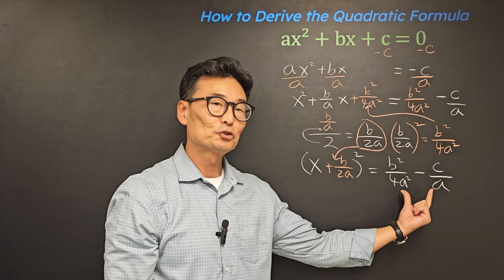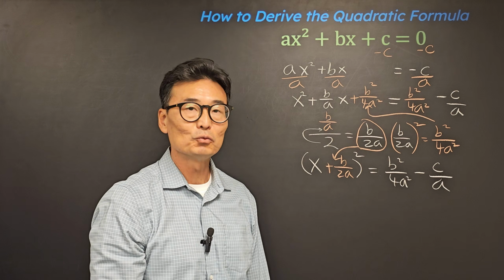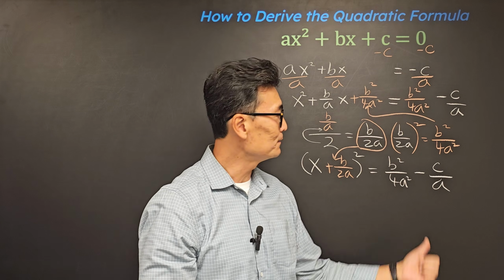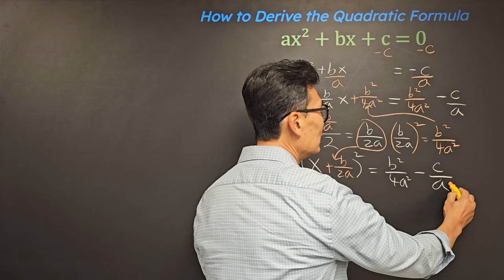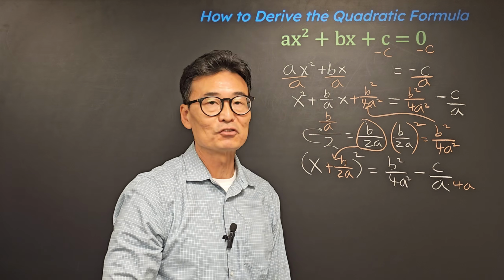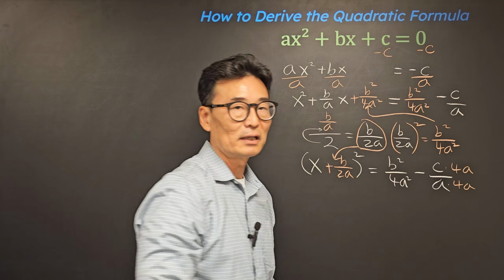And then we're going to combine the two fractions on the right side. And in order to do that, we need a common denominator, where the common denominator is going to be 4a squared, which means we need to multiply the denominator by 4a so that we would have that 4a squared, and of course the numerator as well.